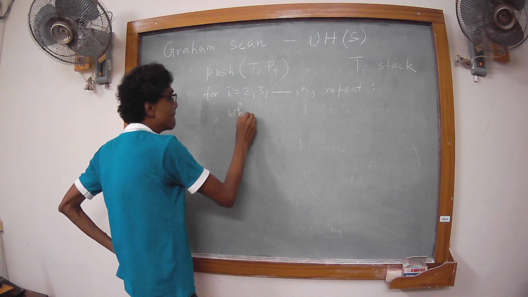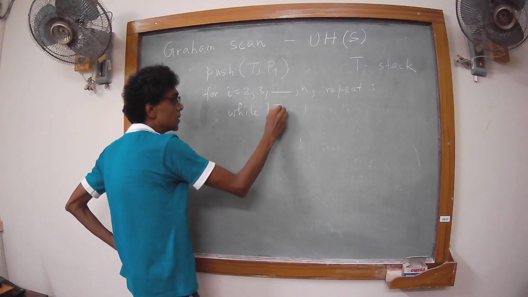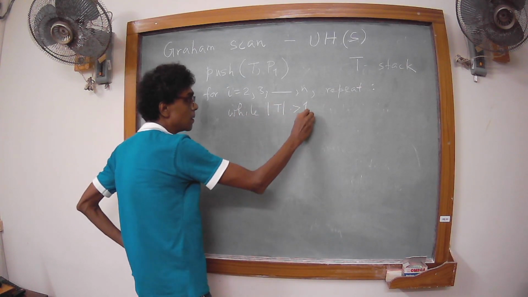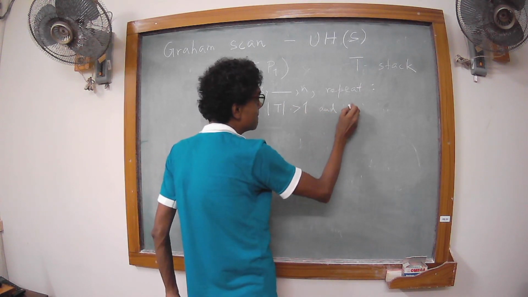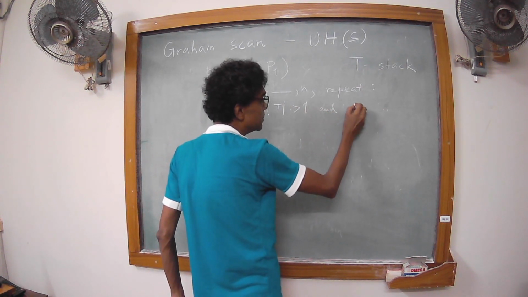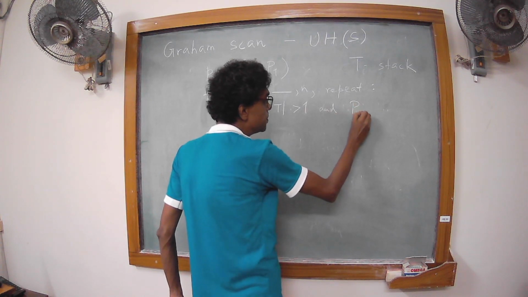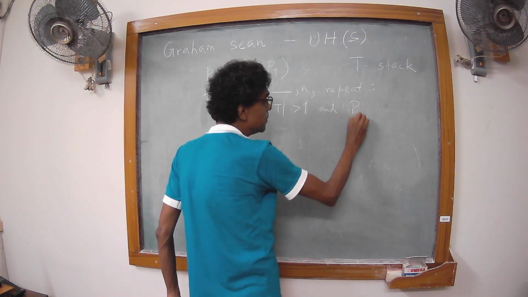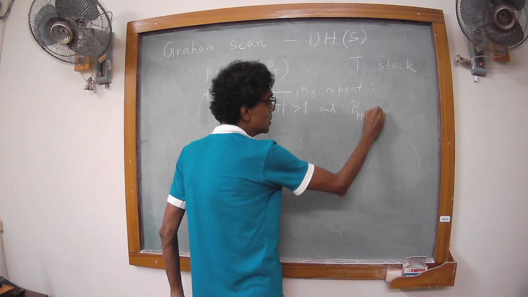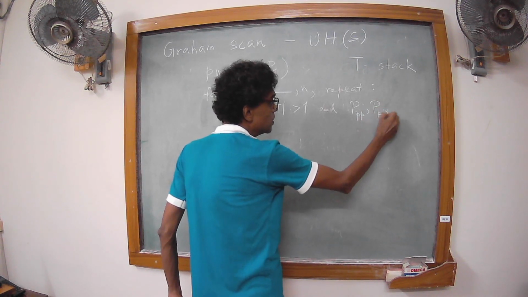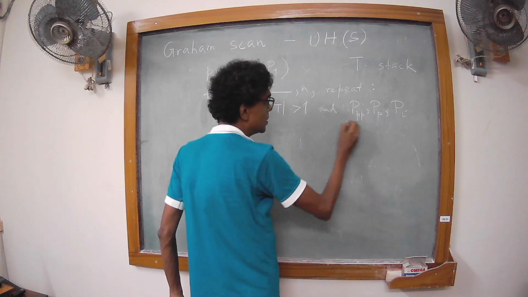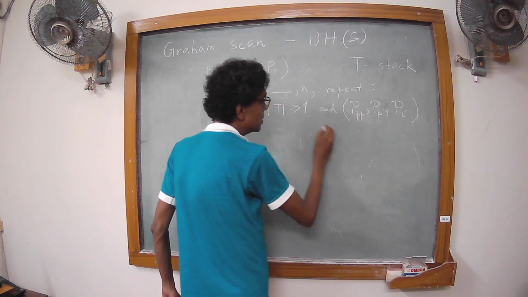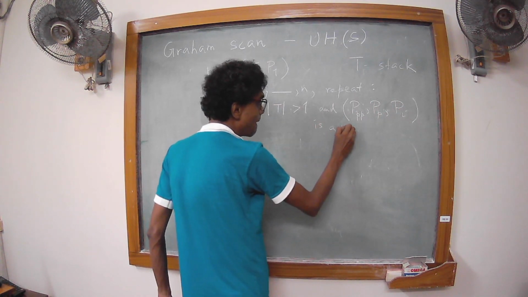While size is greater than 1 and P-prev-prev, P-prev, Pi is a wrong turn.